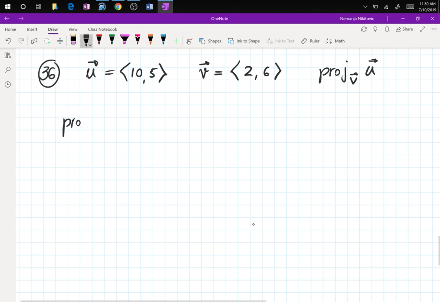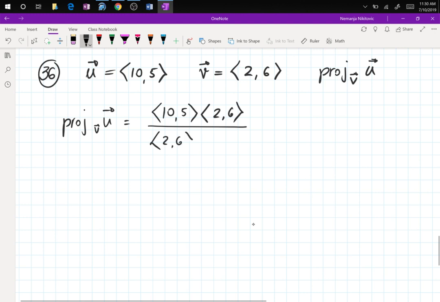All right, so projection of vector u onto vector v is going to be u dot v divided by v dot v, everything times v.